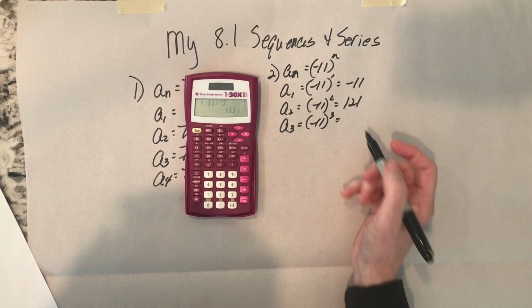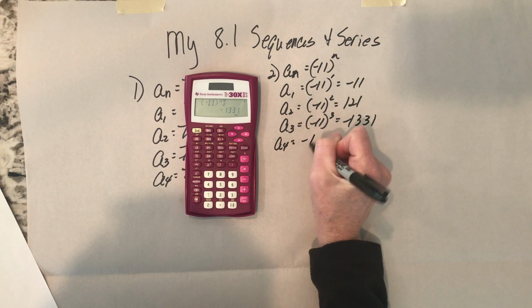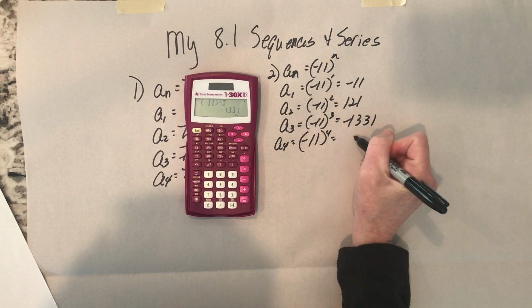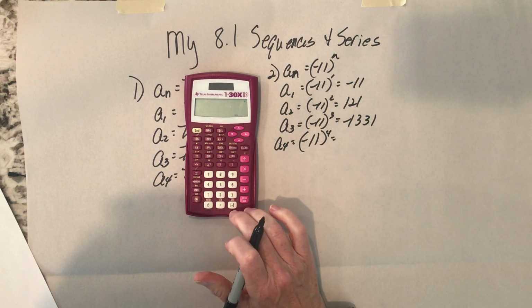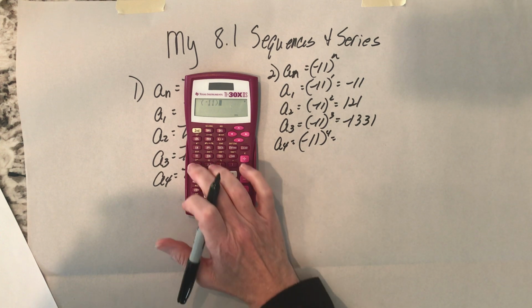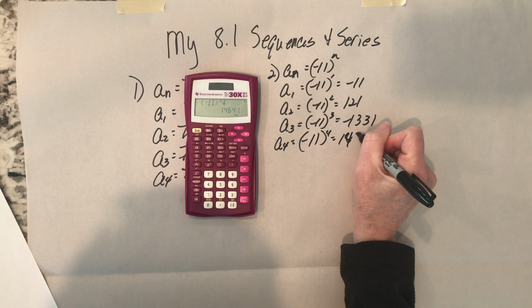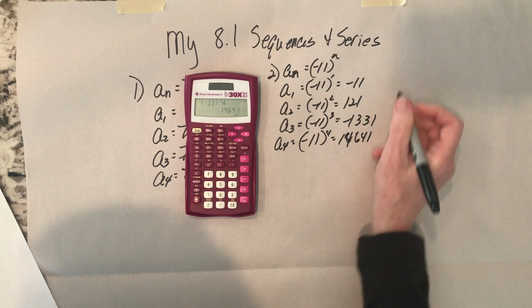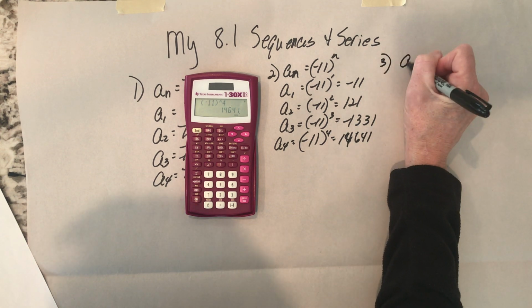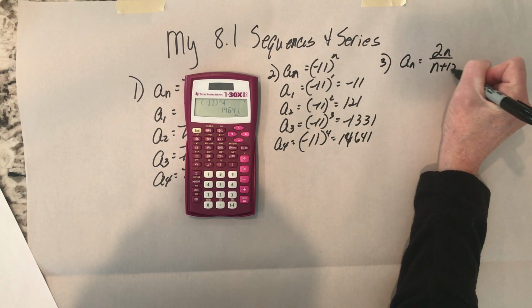Raise it to the third power. You'll get negative 1331. And a sub 4 is negative 11 raised to the fourth power. Parenthesis, negative 11, close the parenthesis. Raise it to the fourth power. Positive 14641.